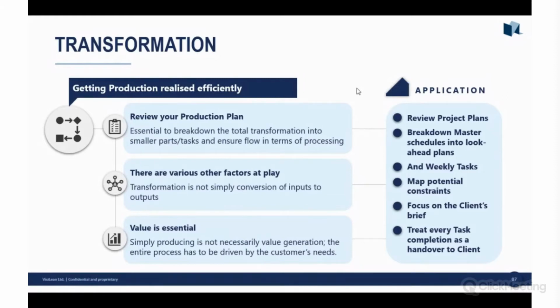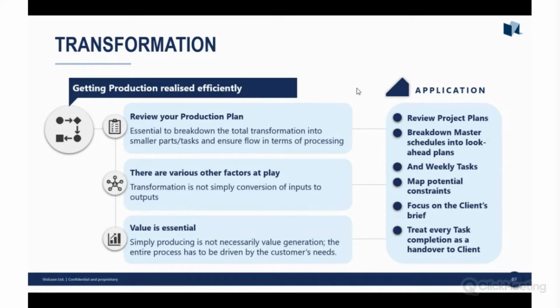The application of transformation starts with reviewing the project plans and breaking down your master schedules into smaller, more measurable tasks, ideally weekly tasks. Then you sit and map the potential constraints, what could cause you issues, what other factors are coming in. You should be continuously focusing on the client's brief, weekly and daily, understanding the client's needs and what they hold in high regard.